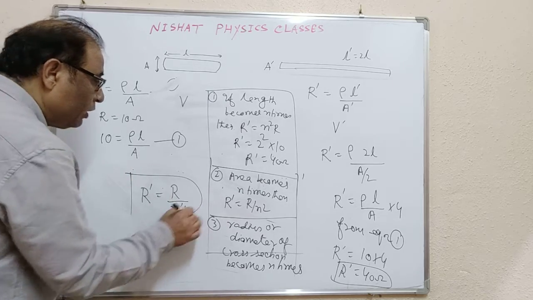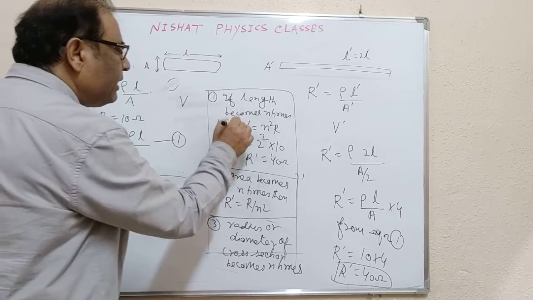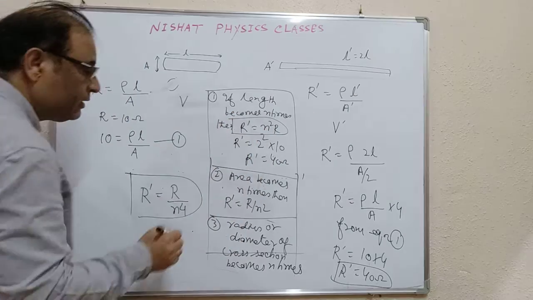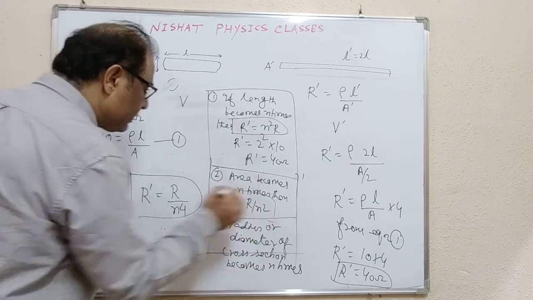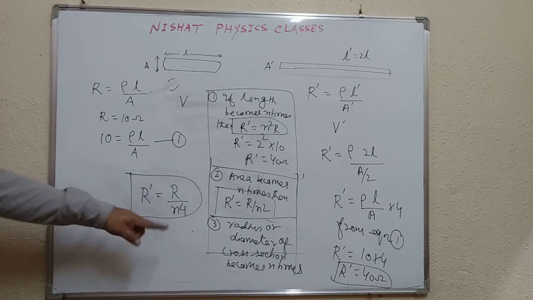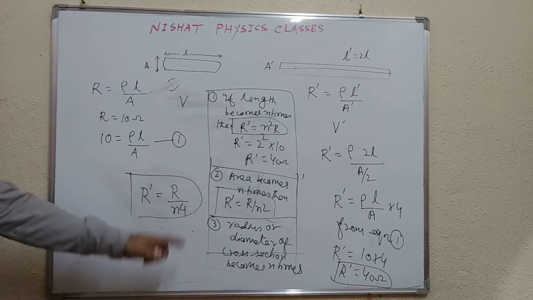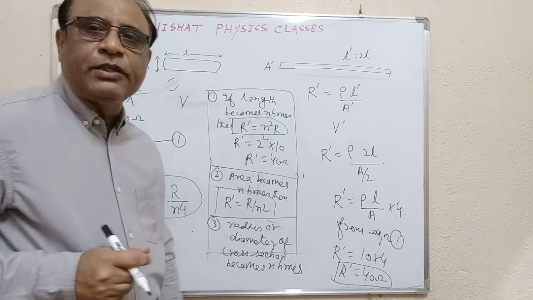So now we have 3 formulas for R dash: in the case of length, in the case of cross section area, and in the case of radius or diameter of the cross section.